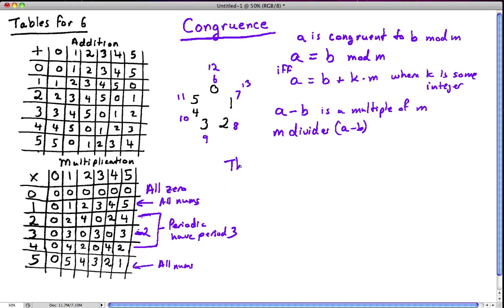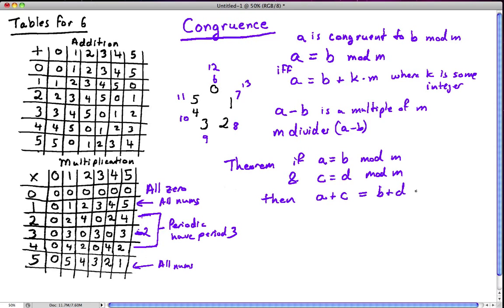The theorem says: if A equals B mod M and C equals D mod M, then A plus C equals B plus D mod M, and A times C equals B times D mod M.